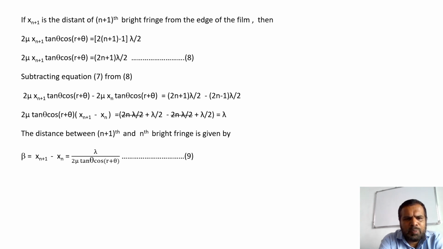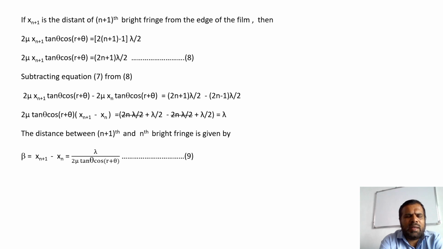This is equal to 2n lambda divided by 2 plus lambda divided by 2 minus 2n lambda divided by 2 plus lambda divided by 2. The 2n lambda by 2 terms cancel, and the remainder is equal to lambda.